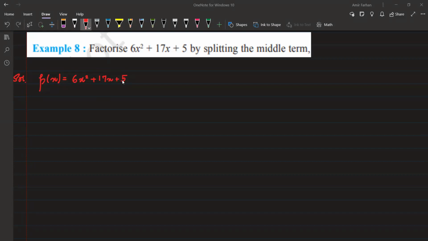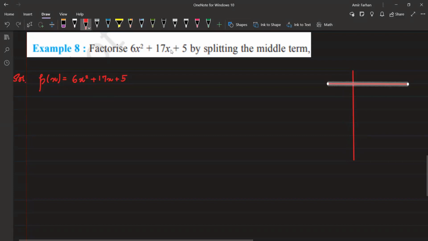And when you add them up or subtract them, it should be equal to 17x. Clear? Okay, this is the basic idea of the middle term split.